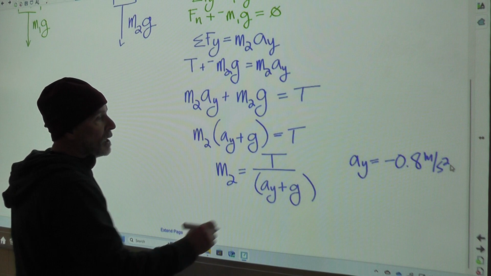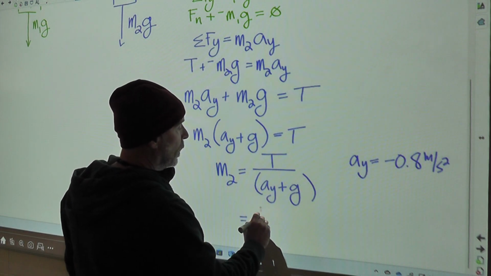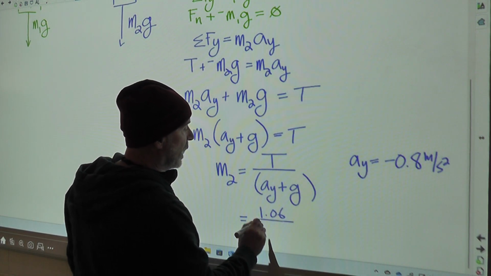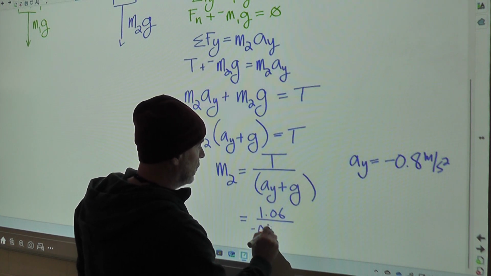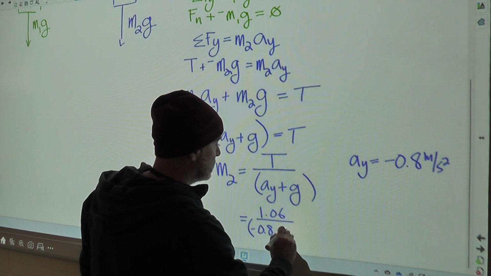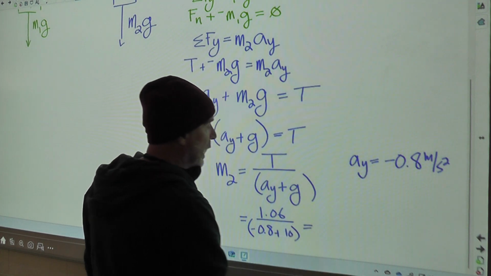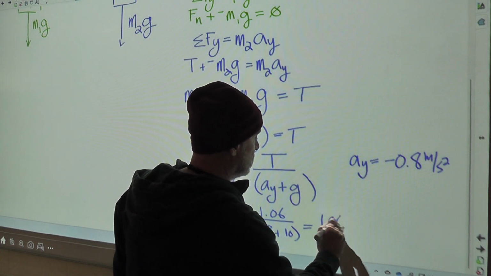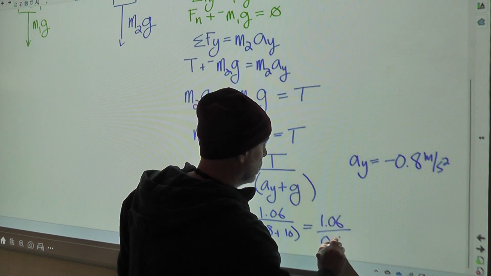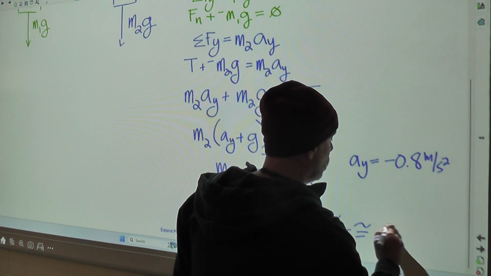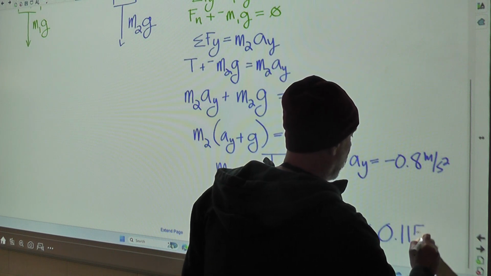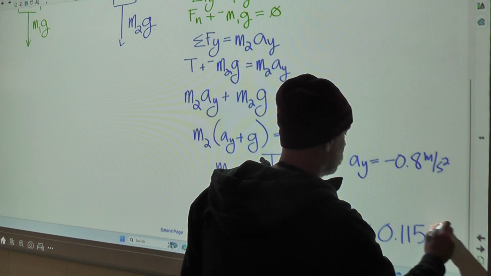So in this case, our numbers are going to be 1.06 divided by negative 0.8 plus 10, and that ends up being 1.06 divided by 9.2, and that ends up being about 0.115 kilograms.